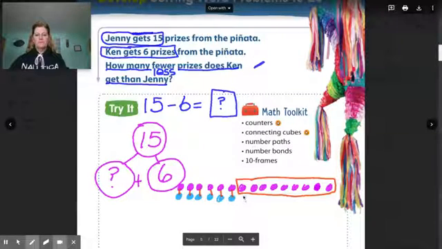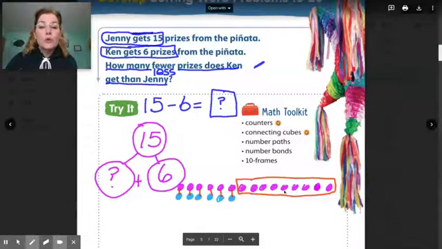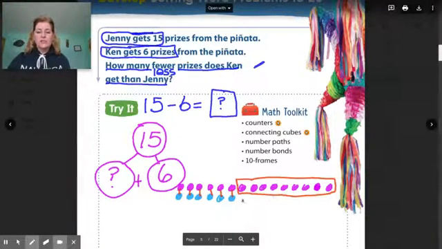Let's count those. 1, 2, 3, 4, 5, 6, 7, 8, 9. 9 more prizes. So that means that Ken would have needed to get 9 more to have the same as Jenny. So he got 9 fewer presents than Jenny did. So 15 minus 6 equals 9.